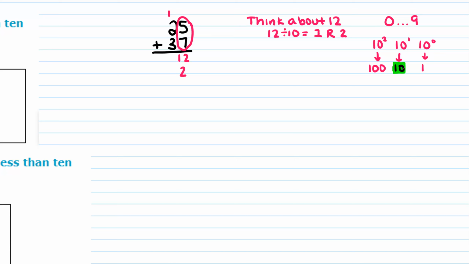So in the 10, or the 10 to the first spot, there'll be a 1. And in the ones spot, there'll be a 2. So I break this number and I put the tens portion, or the next digit, over with those digits.